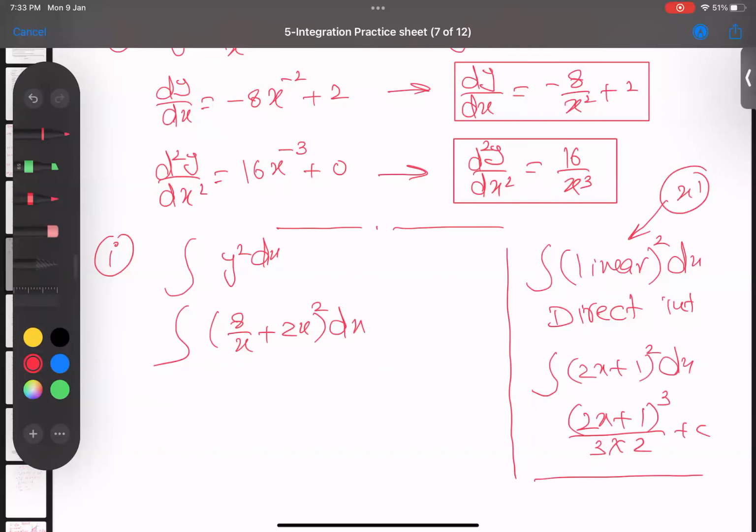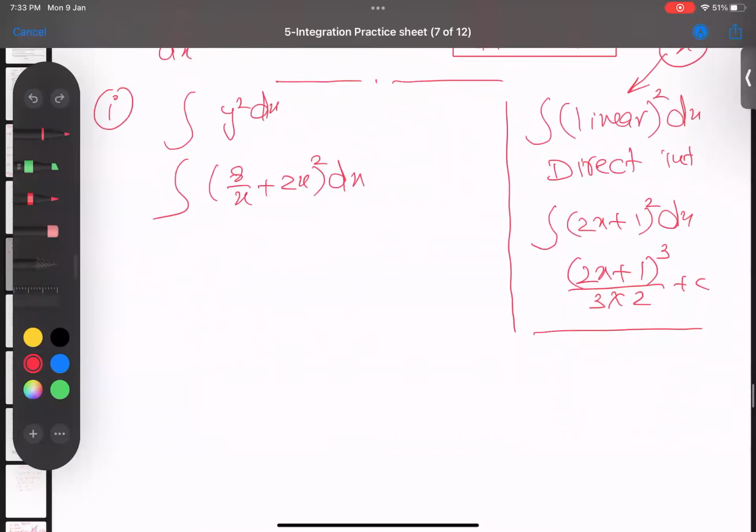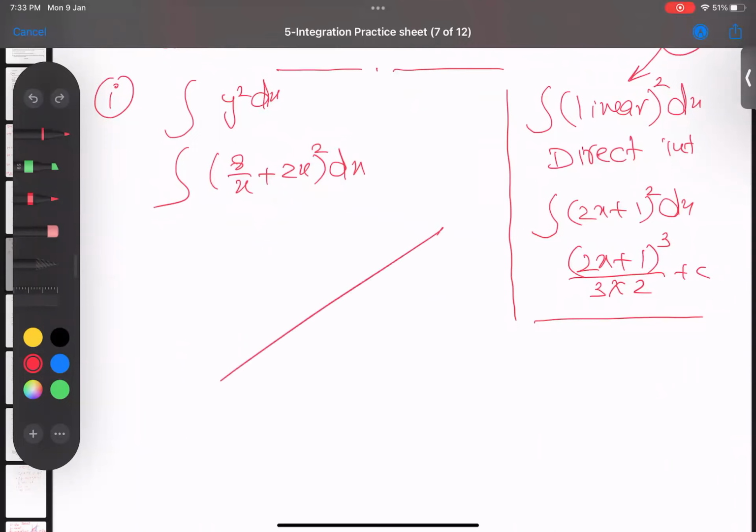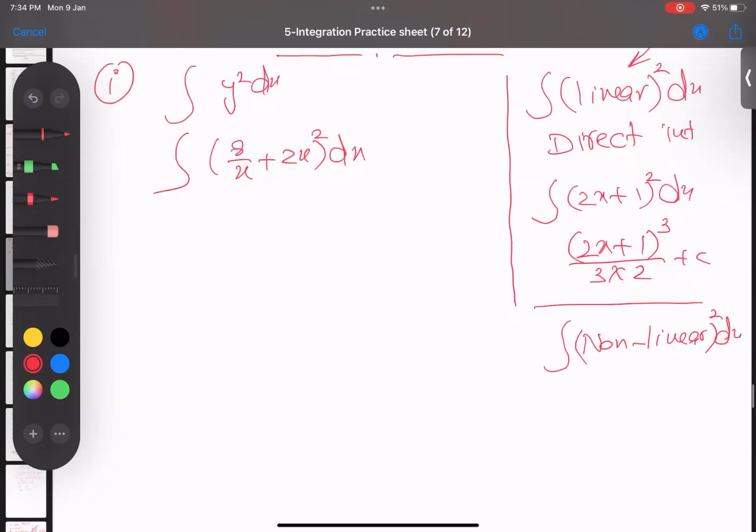But if you have a non-linear function such as this, because if you draw this curve, you never get a straight line, we get a curve like that. So when this kind of question comes, non-linear integration, and especially power 2, we are bound to expand. First expand and then integrate. Example, I take (2x squared plus 1) to power 2.